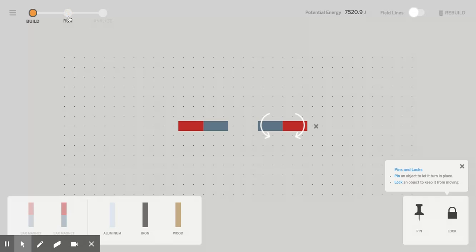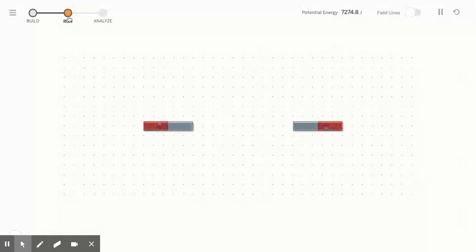Where are they going to go? That's interesting. And now we have 7,169.1 joules. So it looks like we now have less potential energy, but I'm not sure. Let's run that again just to make sure.